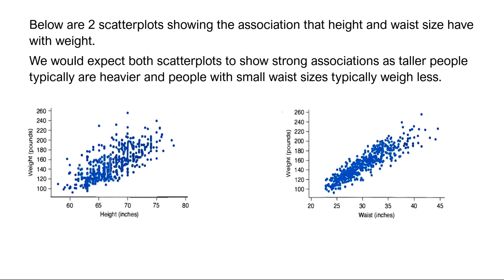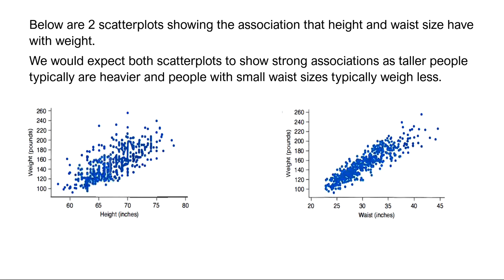So here are our two plots. They're associations based on height and weight, and waist size and weight. The graph on the left is height versus weight. The graph on the right is waist size versus weight. And we see that they're both positive trends. So the taller somebody is, the more they weigh.